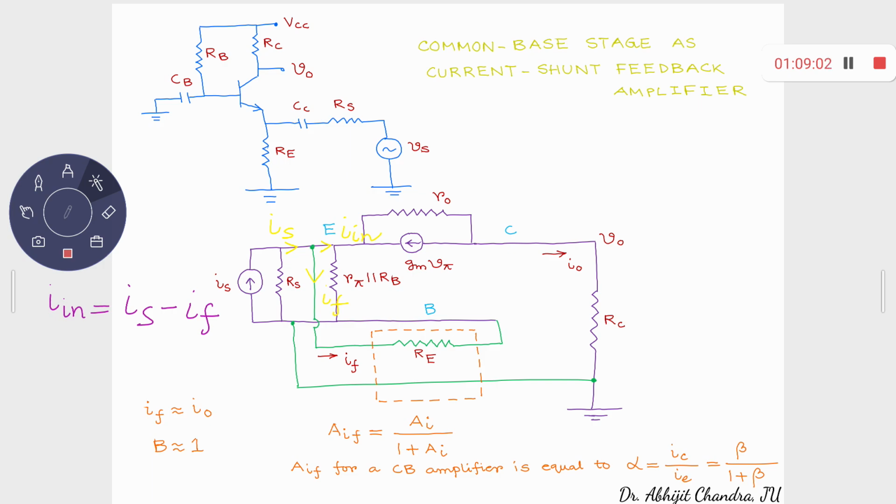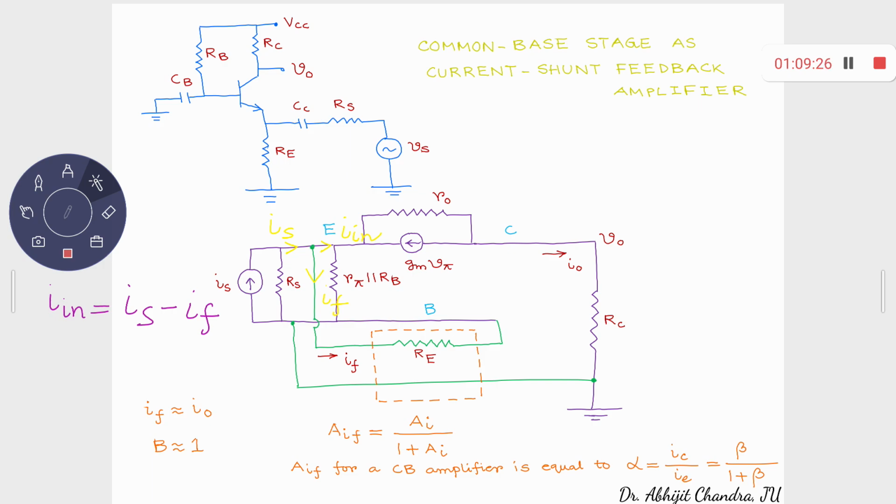So their ratio, IC upon IE, is equal to alpha, that is beta by 1 plus beta, which is always less than unity. So AIF is equal to AI upon 1 plus AI beta, and here beta is equal to unity.